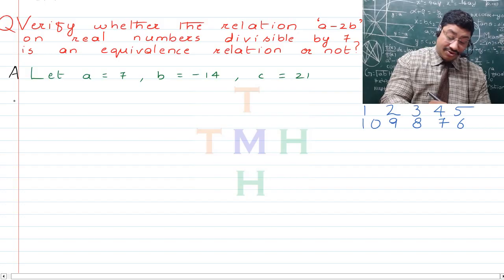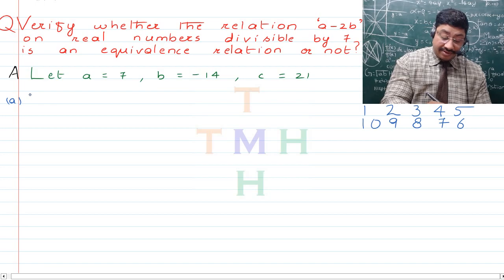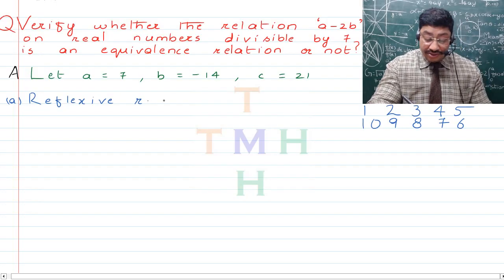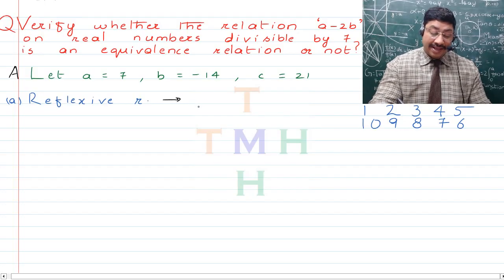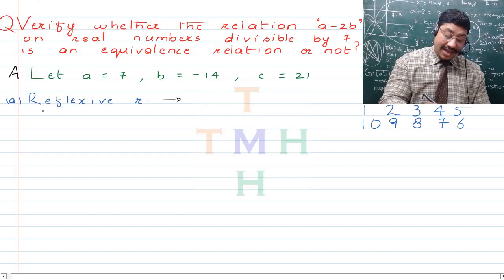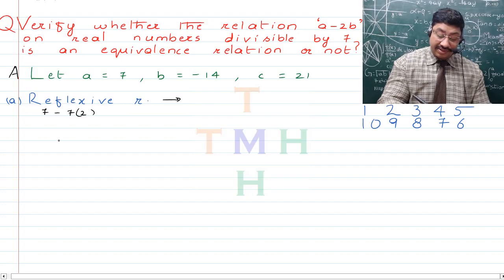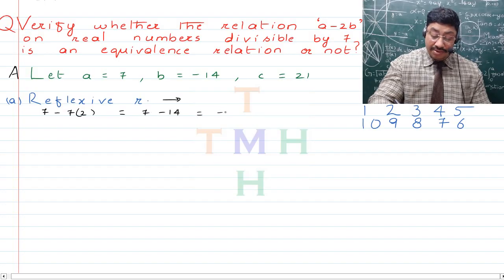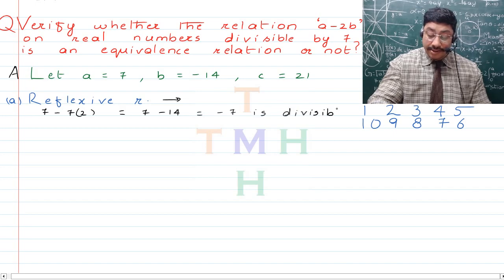So further, next, the first thing that you're going to do is talk about the symmetric relation. So when you talk about the symmetric relation, children, I'm sorry, not the symmetric but the reflexive relation, which comes first. In reflexive relation, you'll be checking the relation with just one element, right? And in it you should get to a comma a, right? So here when we talk about the element 7, we've got to subtract from 7 two times of 7, and that gives us 7 minus 14, which becomes equal to minus 7, and you know that this is divisible by 7.